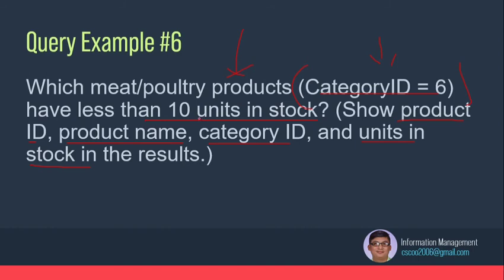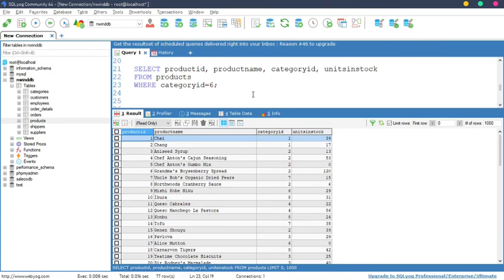And units in stock. In this second condition, you need to construct a condition that satisfies the requirements. In order to add an additional condition, we need to use the logical operator AND. The logical operator AND is an operator that we use to add an additional condition.